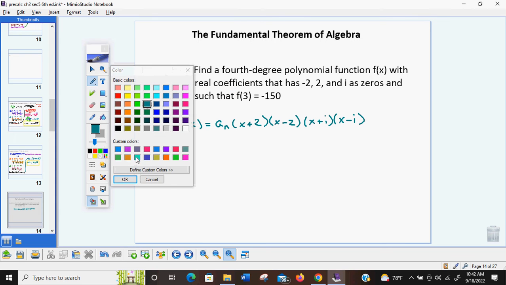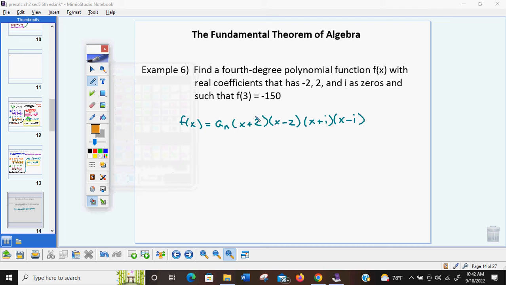So now, let's FOIL some stuff. If we FOIL these two, we're just going to leave our a sub n in front. If I FOIL x times x, gives me x squared, plus x times -2 is -2x.